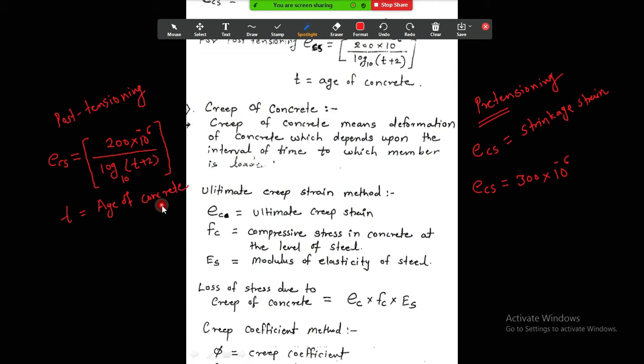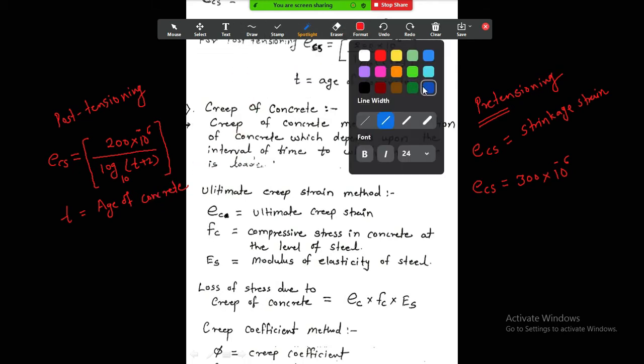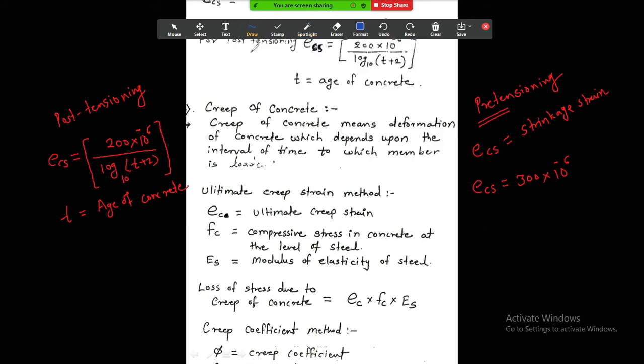Ultimately we want to find the loss of prestress due to shrinkage of concrete, and its formula is shrinkage strain into Young's modulus of steel.